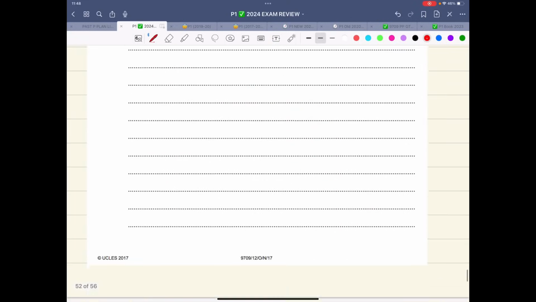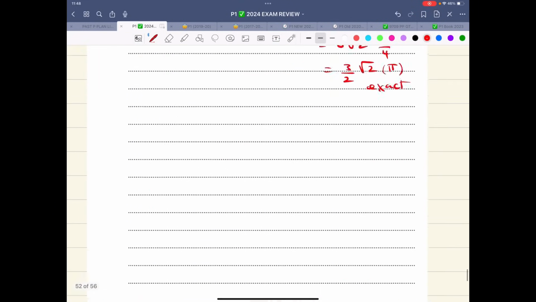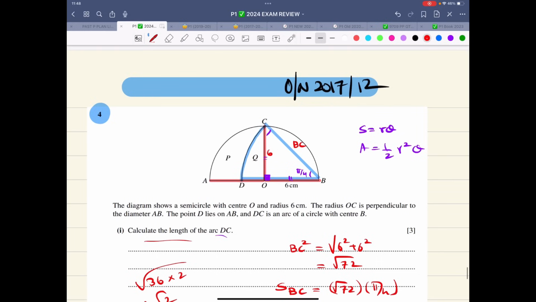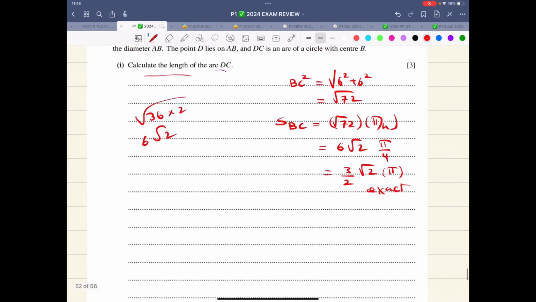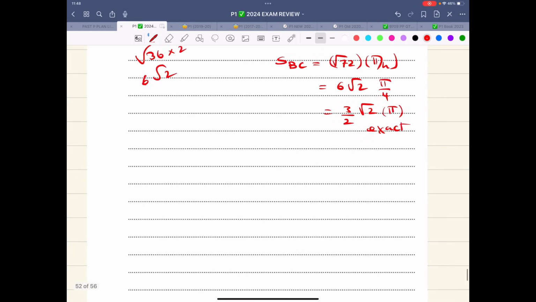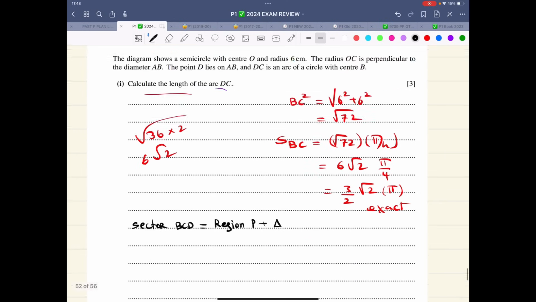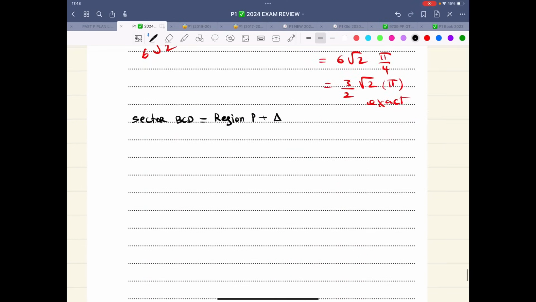Now, as far as the area is concerned, that is area of region P, area of region Q. So basically, sector BCD is region P plus the triangle. What's the name of the triangle? That is OCB. Sector area is half r square, that is root 72 square into theta, pi by 4.